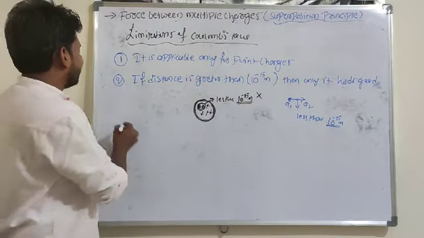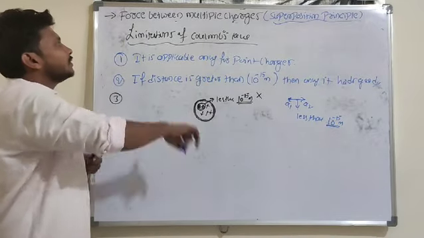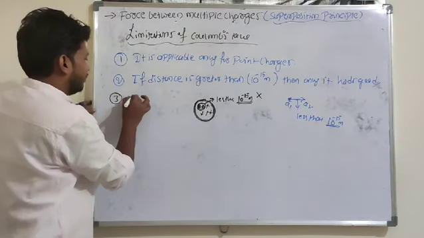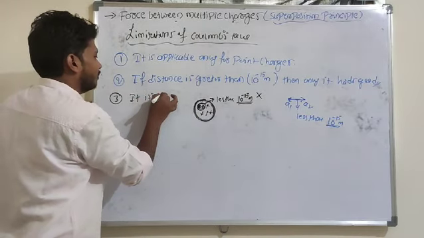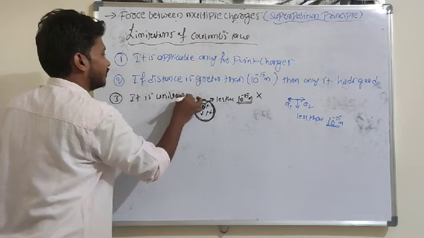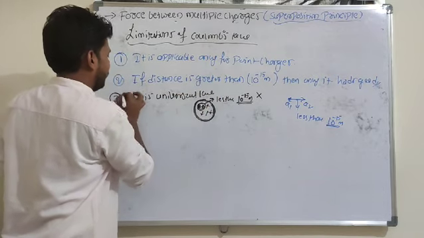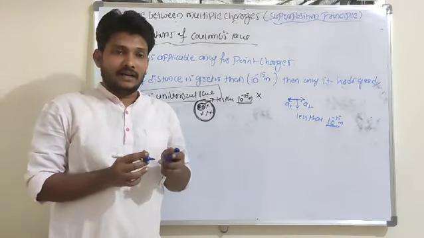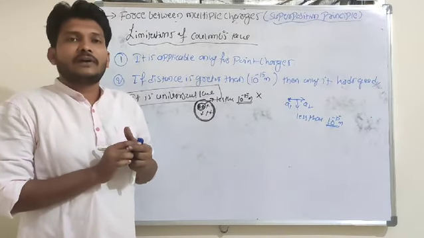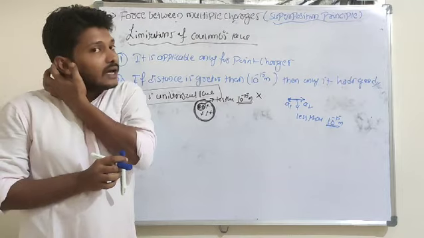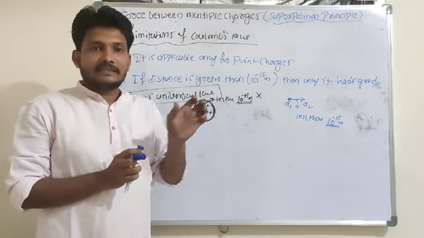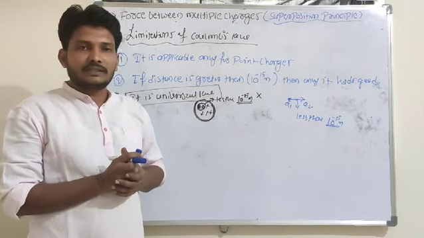And the third one is, Coulomb's law is not a universal law. It is not a universal law. In the first class, in the beginning, I said that Newton's law of gravitation and Coulomb's law both have similarity. I said that there is a force between two bodies, and a force between two charges.